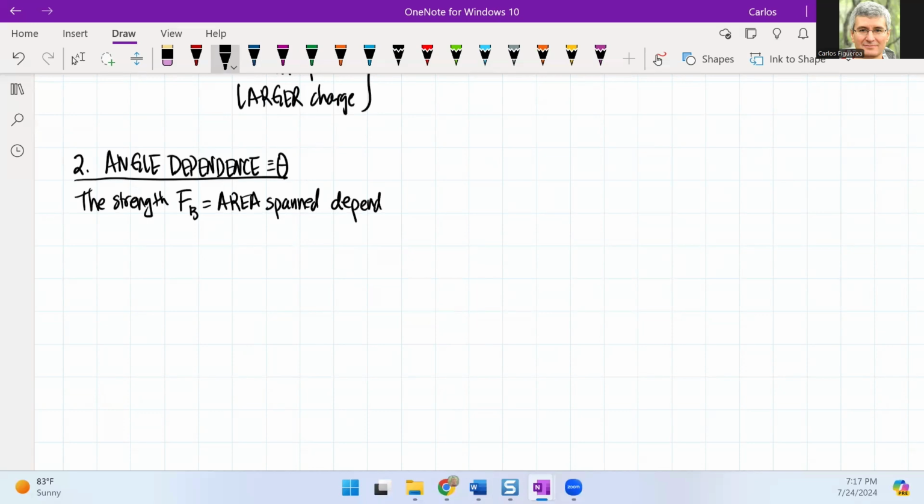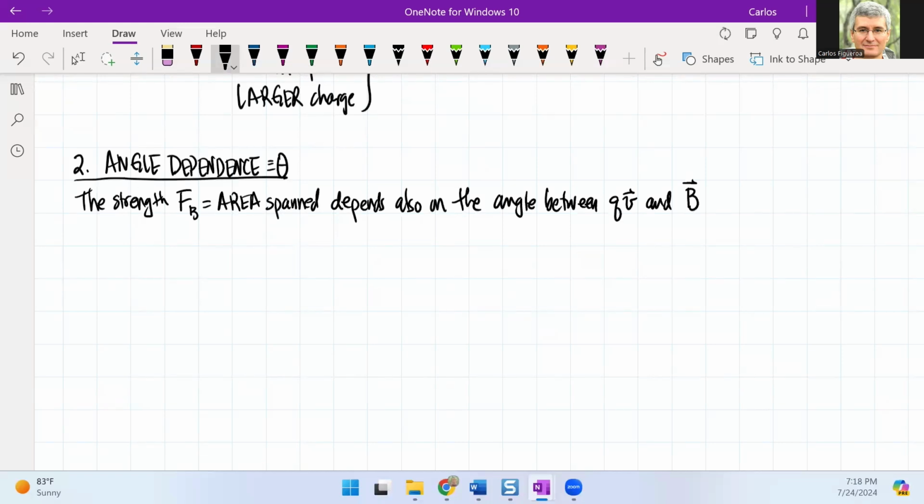It depends also on the angle between QV and B.